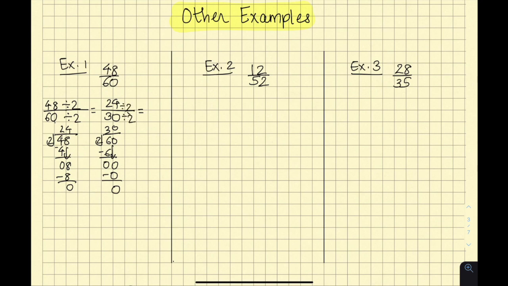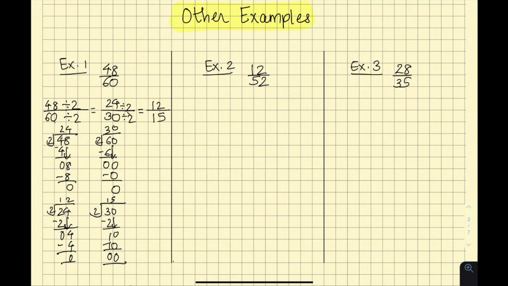They can be further divided by 2. So when I divide 24 by 2, 2 ones are 2, 2 twos are 4, which gives me 2 twelves are 24. And when I divide 30 by 2, 2 ones are 2 and 2 fives are 10, which gives me 2 fifteens are 30. So when I divide, I get 12 and 15.